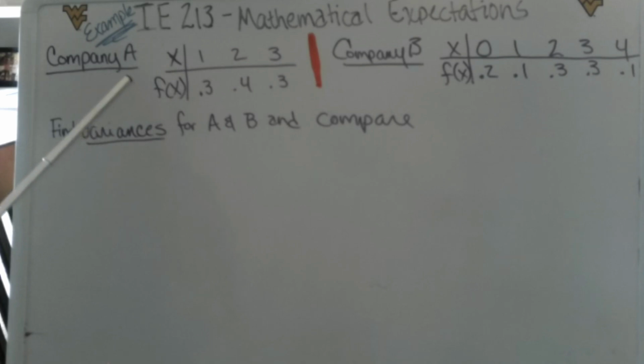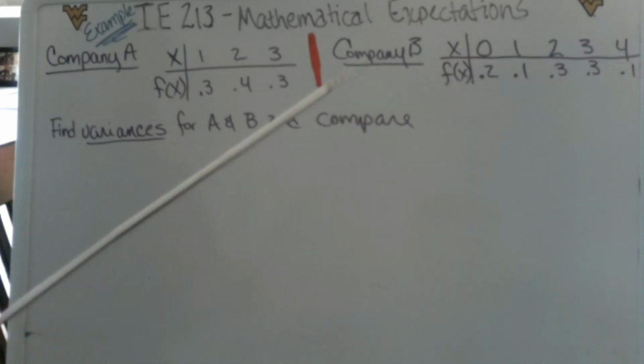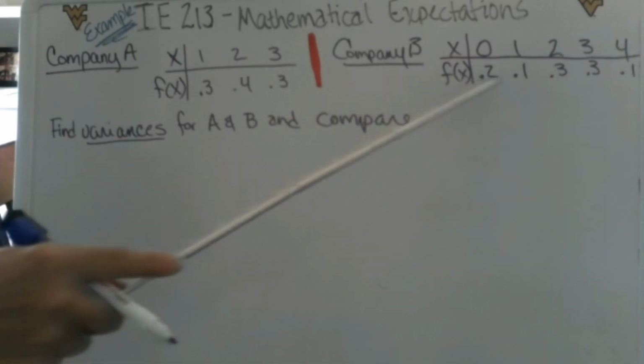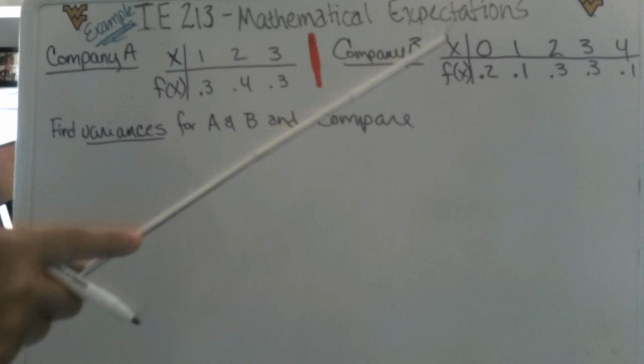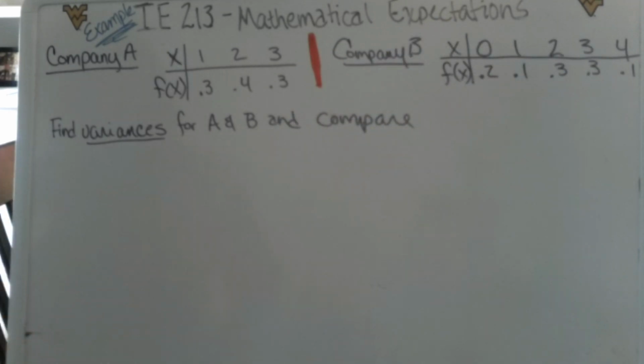The probability distribution for Company A is x is 1, 2, and 3, and f of x is 0.3, 0.4, and 0.3. And then for Company B, we're going to go from x equals 0 to 4, with f of x from 0.2 to 0.1. So 0 is with 0.2, 1 with 0.1, and so on. And we want to find the variances for Company A and Company B and compare.